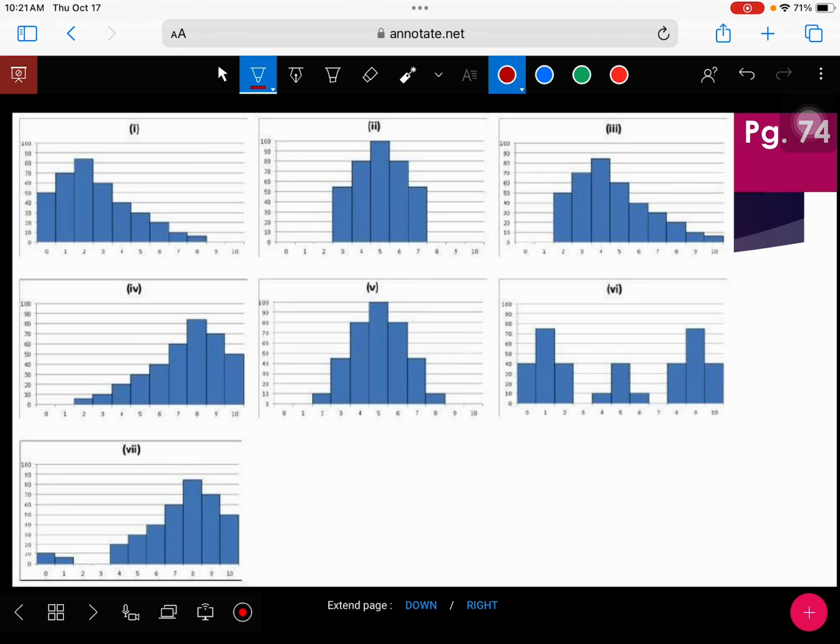I want you to look at 1 and 2, not the histograms, but the questions at the bottom. Number 1 says, which histograms have a mean that is greater than the median? Which of these look to have a mean greater than the median? And then number 2, which of these have a mean that is equal to the median?